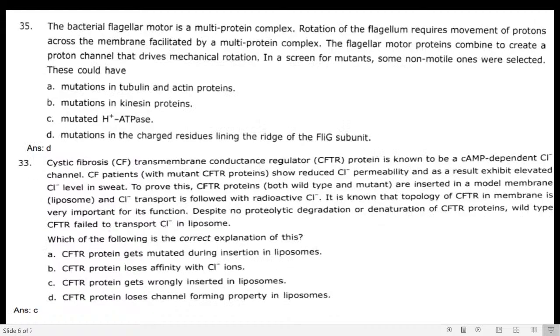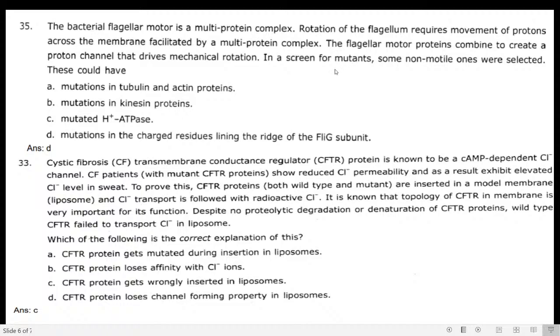The next question is the easiest and a direct question. The bacterial flagellar motor is a multi-protein complex, present in the cellular surface of bacteria. Rotation of the flagellum requires movement of protons across the membrane, facilitated by the multi-protein complex. The flagellar motor proteins combine to create a proton channel that drives mechanical rotation.